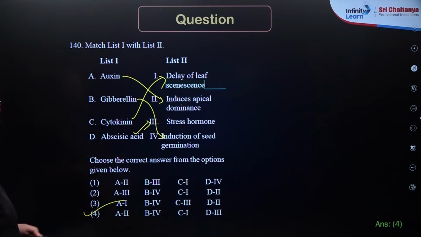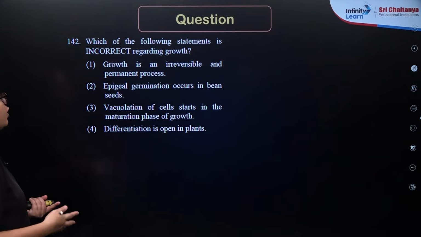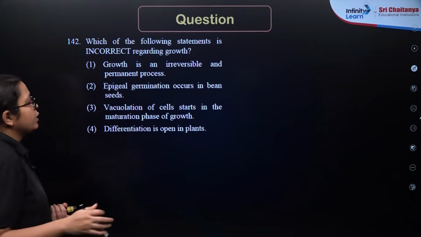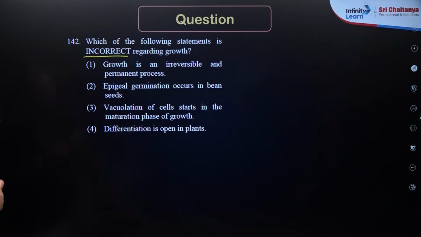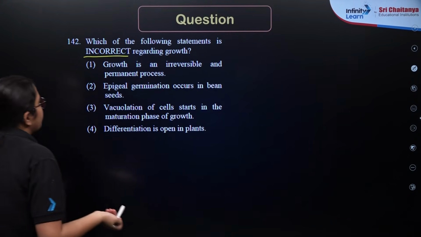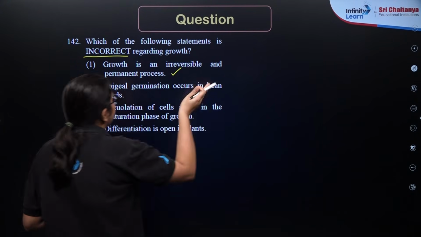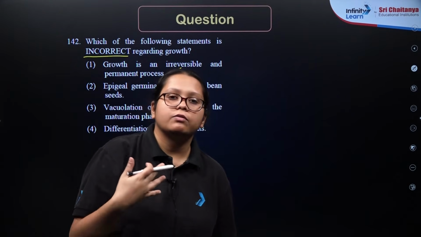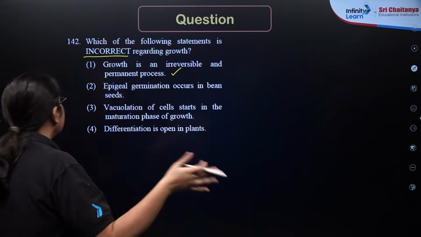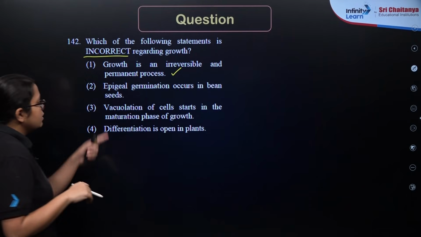Okay. Next question. Which of the following statements is incorrect regarding growth? The first is growth is an irreversible and permanent process, which is true. We cannot reverse growth. So growth is an irreversible and permanent process.